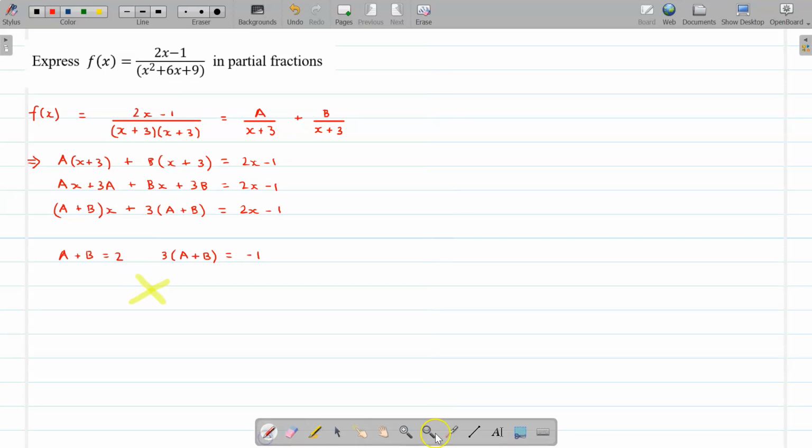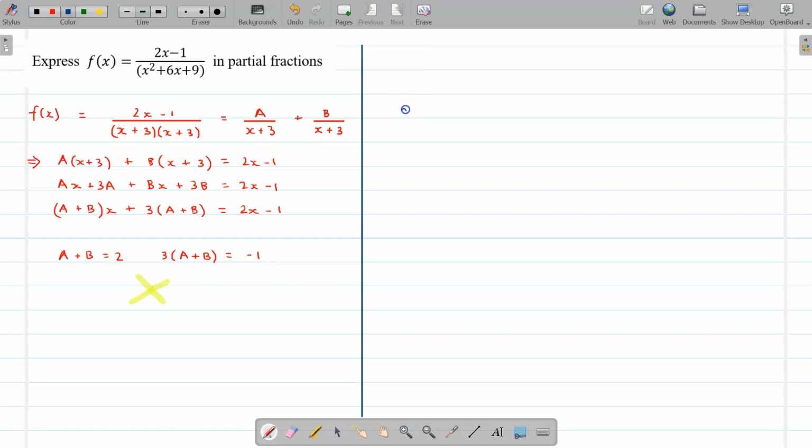We do this instead. I'll just put a partition down there, and we'll switch to a different color, and we'll do it in a different way that will work, and then you'll see. So instead, let's do this. We'll say let f of x equal not a over x plus 3, but this.